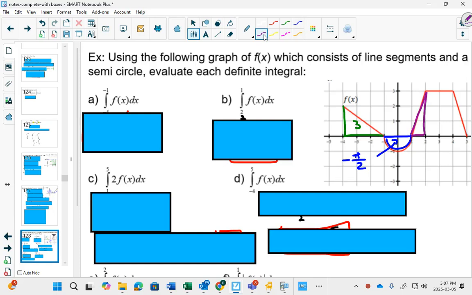Purple triangle. 1 times 3 divided by 2. 3 over 2. I'm going to just do this also in purple because it's identical. And in between, this rectangle in orange has an area of 6.